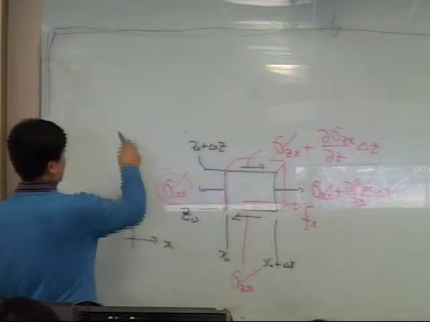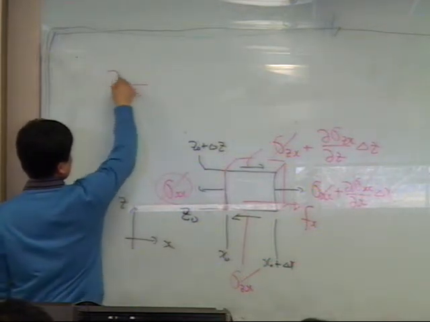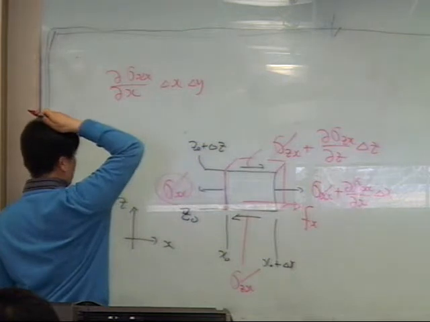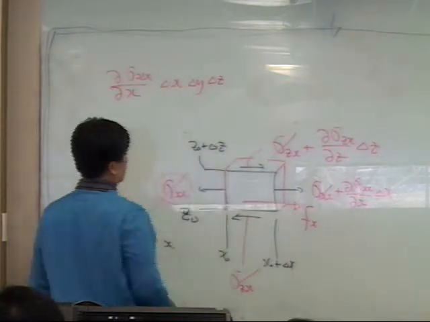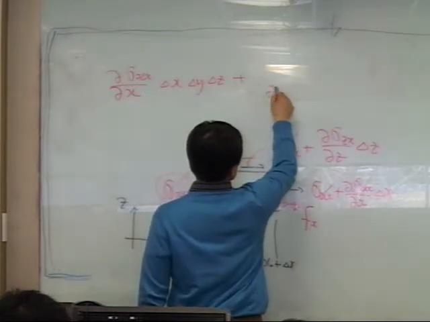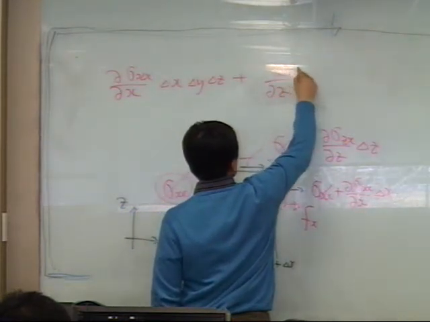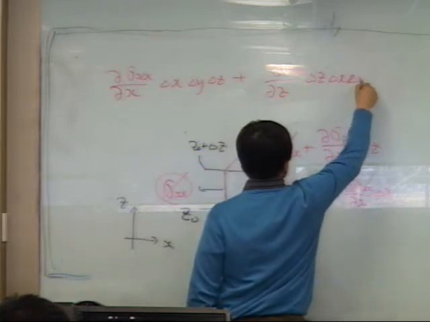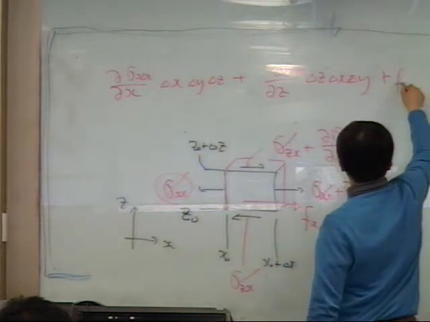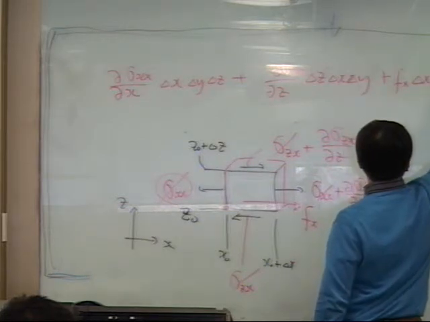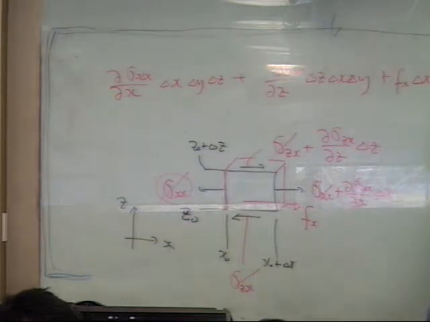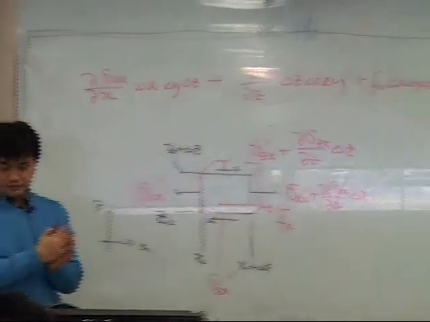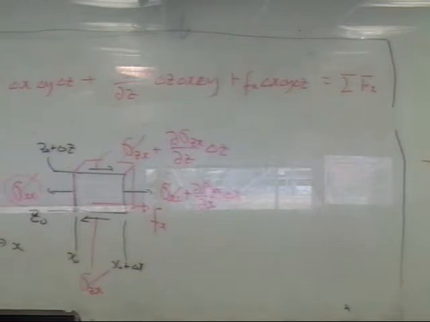Then we will have the partial of stress xx times delta y delta z, plus the partial of stress yx times delta x delta z, plus fx times delta x delta y delta z. This is the sum of fx.